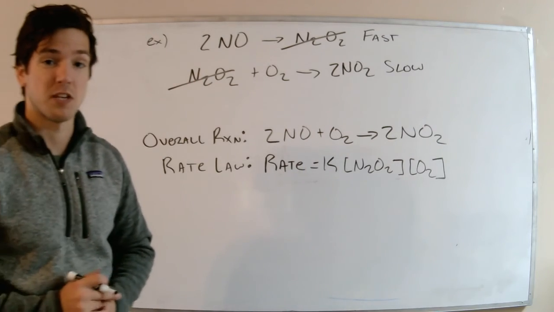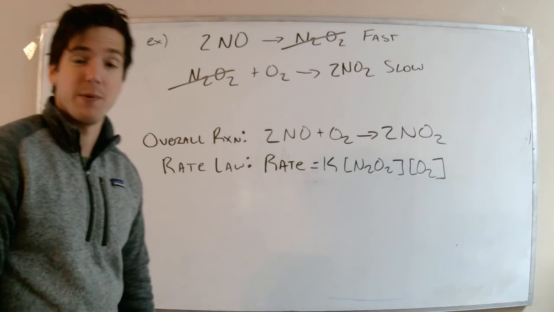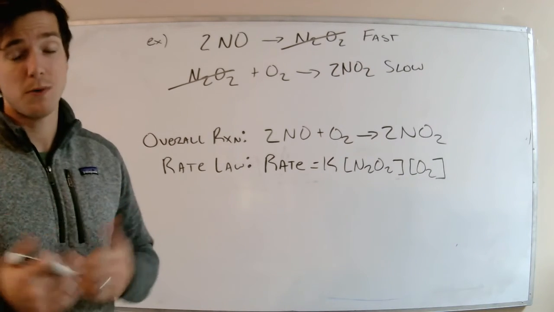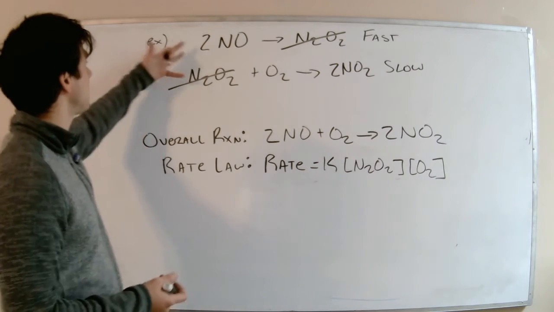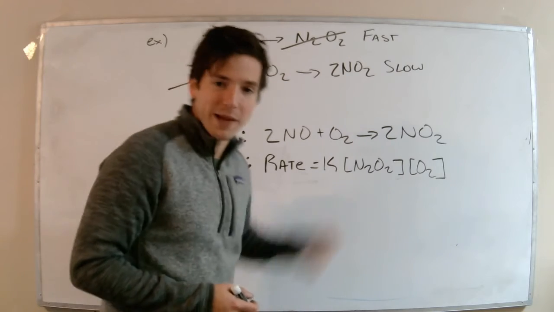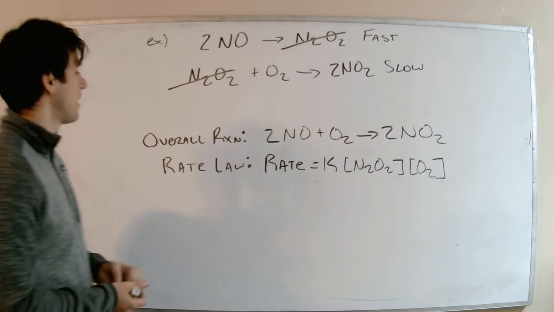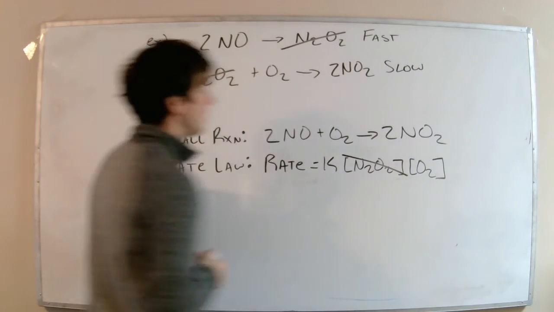And you guys might just be saying, okay, just get rid of it, just cross it out. We can't do that either, okay? We have to find a replacement for it. So what we can do is we could look at our intermediates and look for something that equates to N2O2. I gotta get rid of N2O2 at some point, and I gotta replace it with something else.